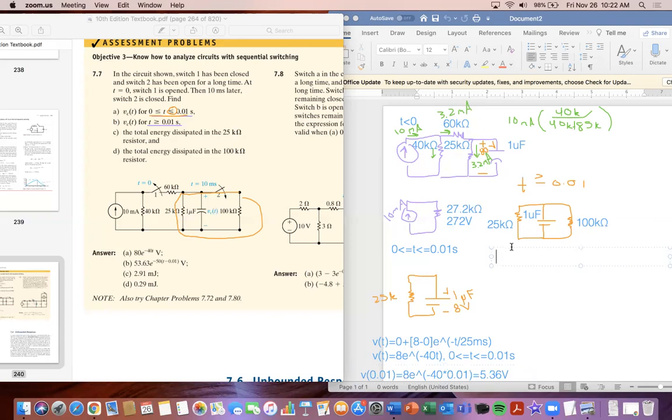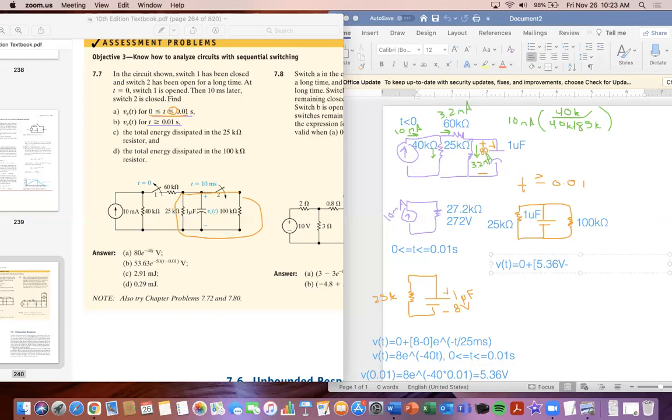So when I'm trying to make this equation up here, I definitely know for sure the final voltage is going to eventually be 0. We know that. Plus, and then the initial would be 5.36 volts. And then minus the final, that would be, wait, 5.36, could I?